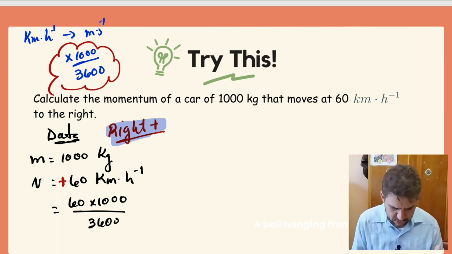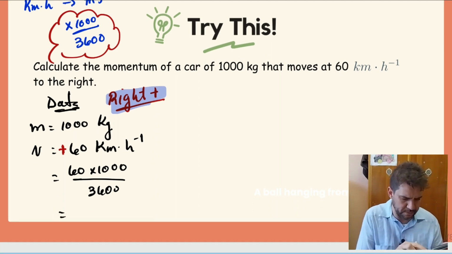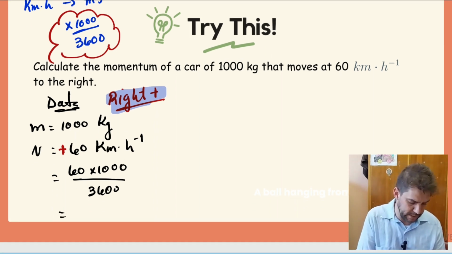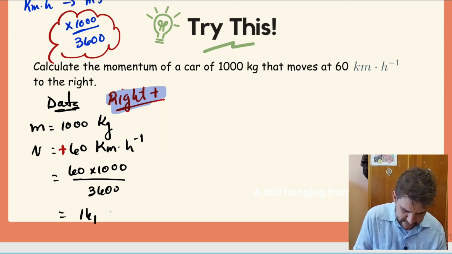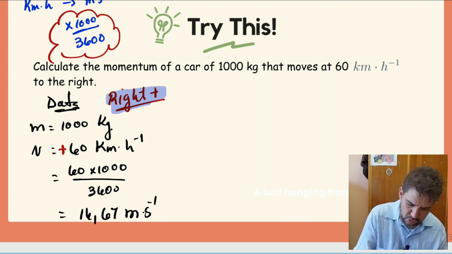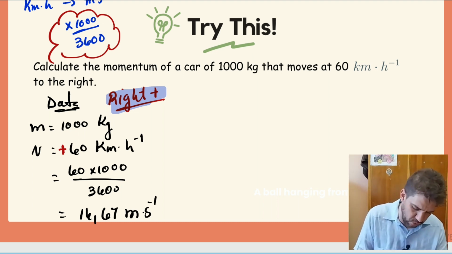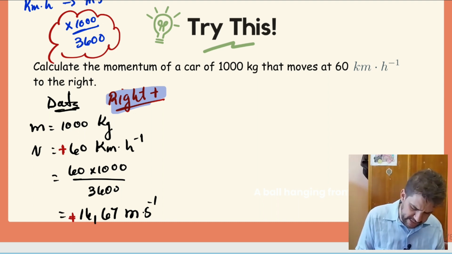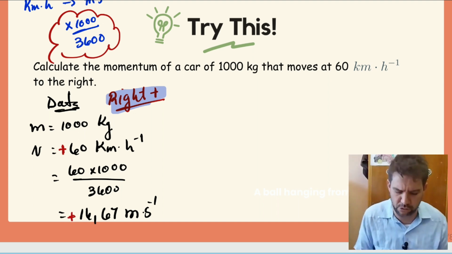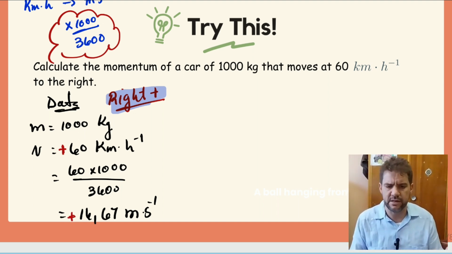All right, and this is going to be equal to 16.67 meters per second. I'm not going to write "to the right." I am rather going to write a positive at the front because it will be easier at the time of substituting. As I say, this one is very easy. It's only one motion, it's only one object, but it is quite important.